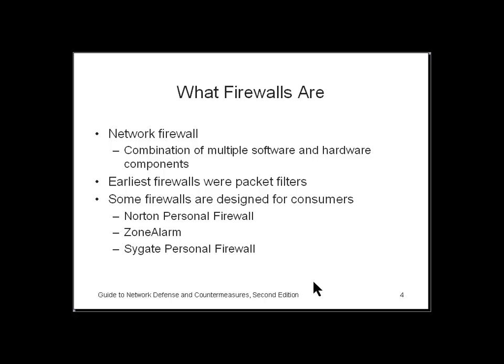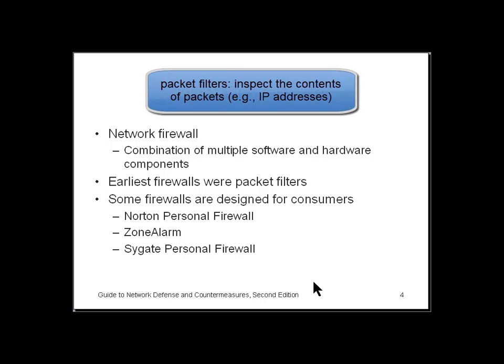Okay, a network firewall is a combination of multiple hardware and software components, as you'll see. One of these is called the management console. If you're talking about a hardware configuration, however, something as simple as a script, as you'll see when we talk about Iptables, is simply you sit down with a text editor and you can write your own firewall, and then you submit that to the kernel for processing, and you've got yourself a firewall.